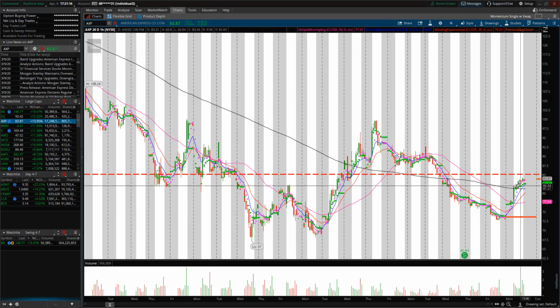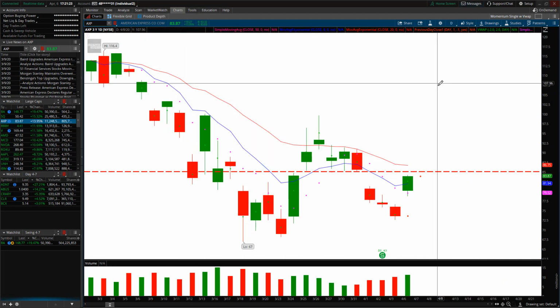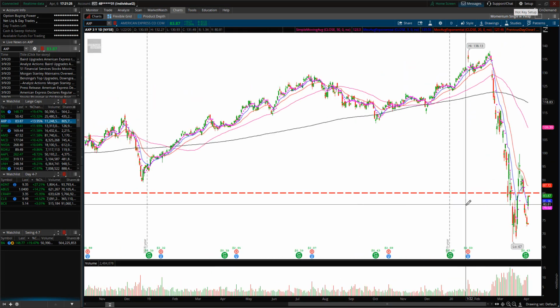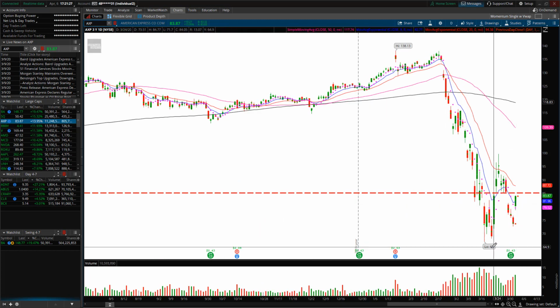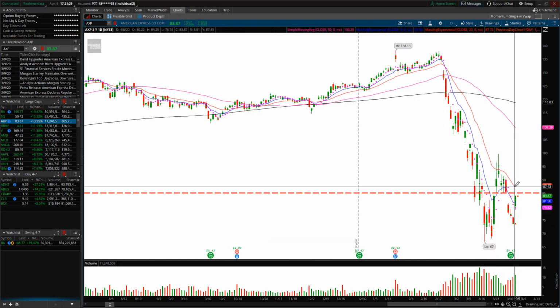I don't like them when they fly in the wind like that, the candles. I like it when it pulls back a little bit more, but it may want to go up and fill that gap. And if the market goes bullish, it might have a chance to fill the gap around 85.11. And then if so, watch that 20 EMA around 87.65.